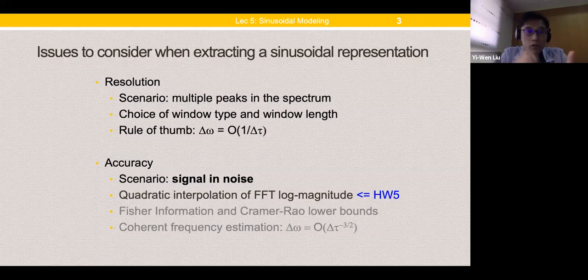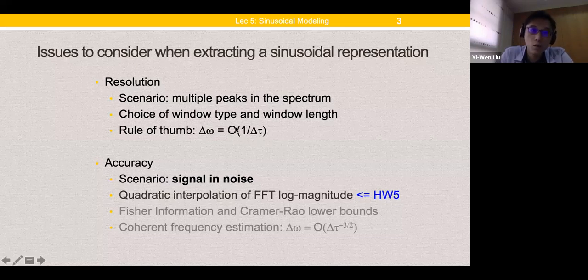So there's one peak, there's another peak. If they interfere, what is the minimal length of window for you to be able to resolve the two peaks? The rule of thumb is that if you want the resolution to be delta omega, so that two peaks are separated by delta omega in frequency, omega being the frequency, then the resolution is inversely proportional to the length of the window.